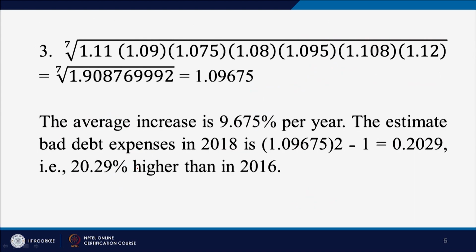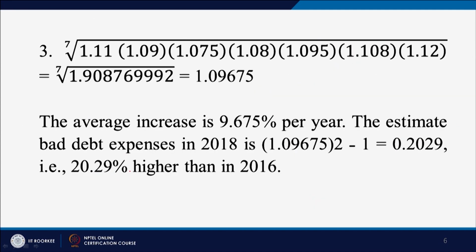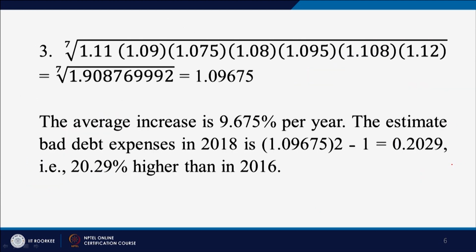So, this is 1.09, not 1.9. In fact, you can just multiply these values by 100, and you will get the percentage value. So, in this case, all these values are all right.